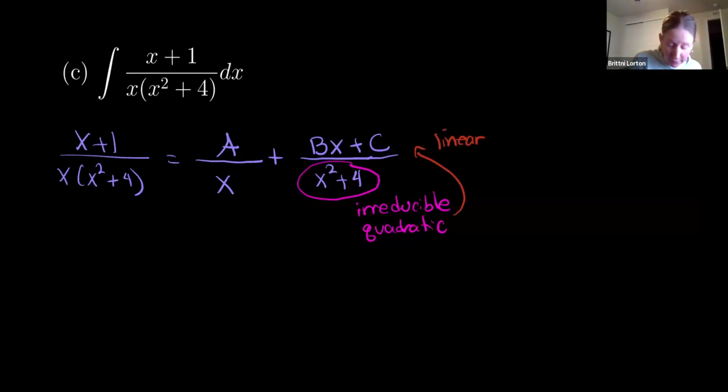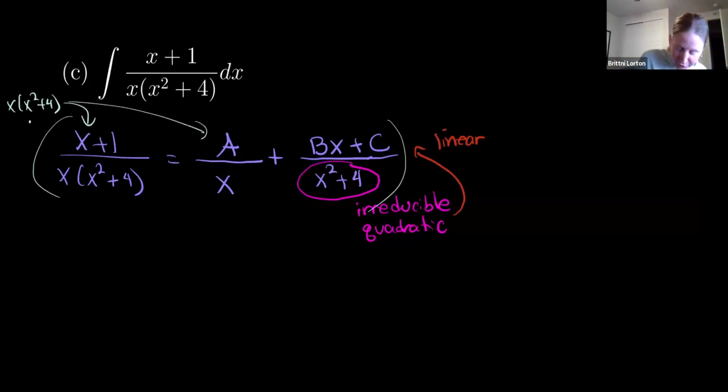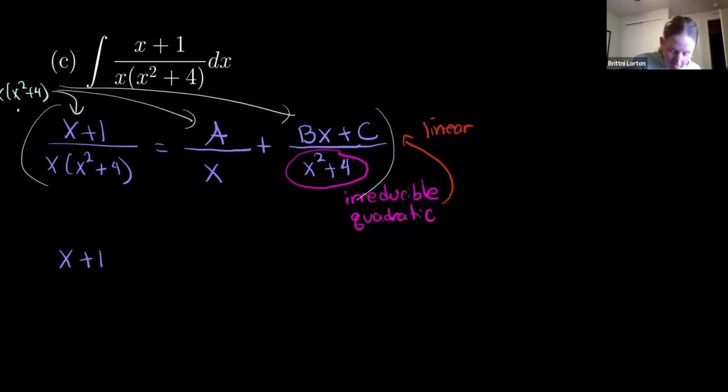Okay, and then now you have the setup. Everything else is the same. The process is the same. You're going to multiply both sides by the original denominator, which is the least common denominator. You're going to distribute across. You're going to see what cancels. Let's go for it. I'm going to get an x plus 1 equals an a times x squared plus 4 plus a bx plus c times x.